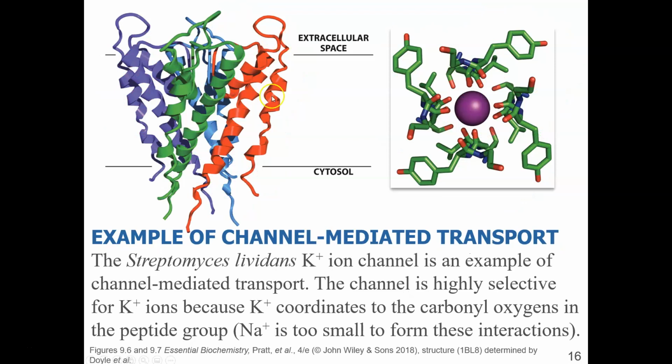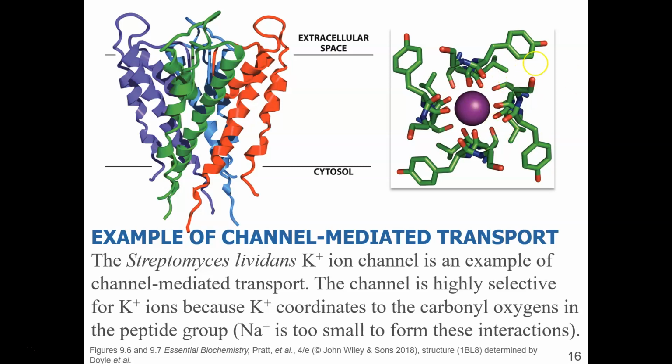Here's another example of channel-mediated transport. Now, there is an interaction here that is important. This is a potassium ion channel, and this is channel-mediated transport, but this channel is highly selective for potassium ions. The way that this works is that over here, this is the purple potassium ion, and there are some favorable interactions that form between the positively charged potassium ion and the carbonyl groups of the peptide bonds.